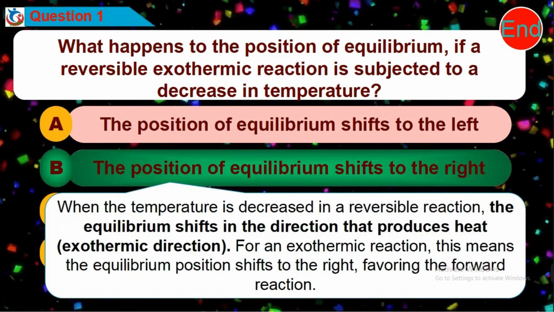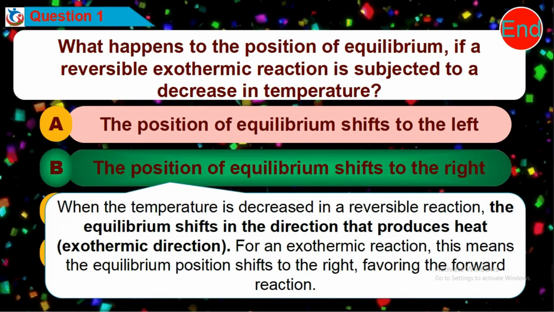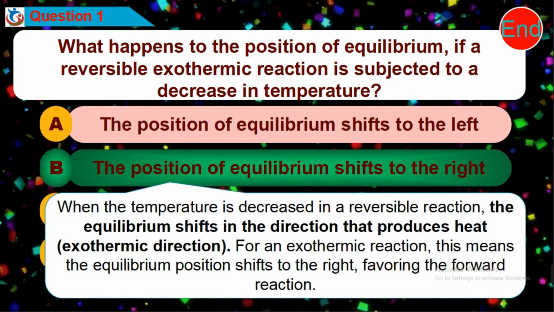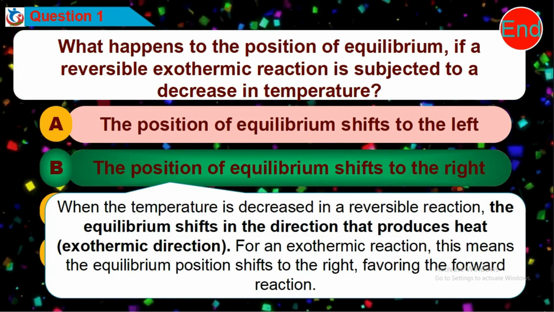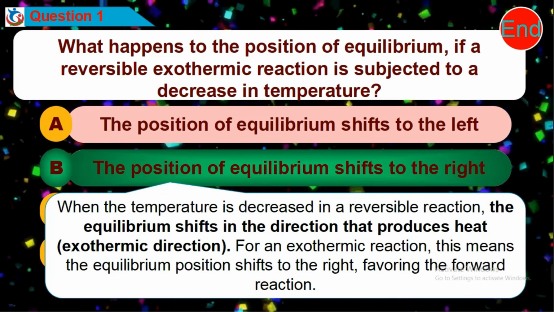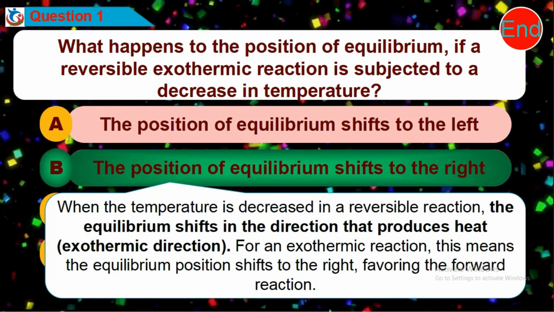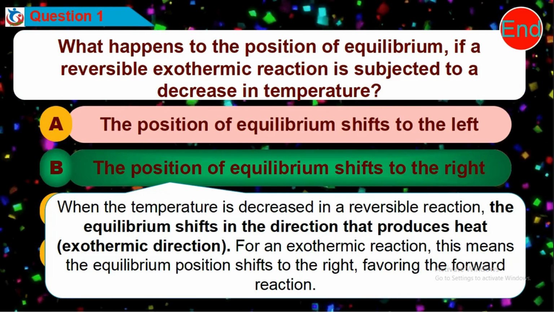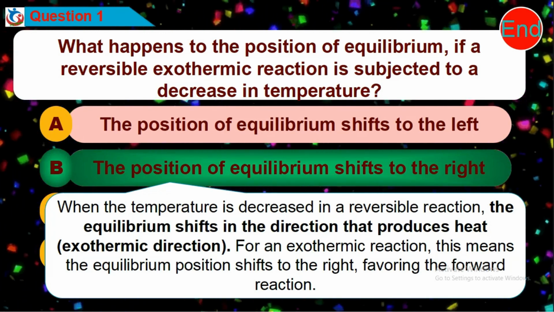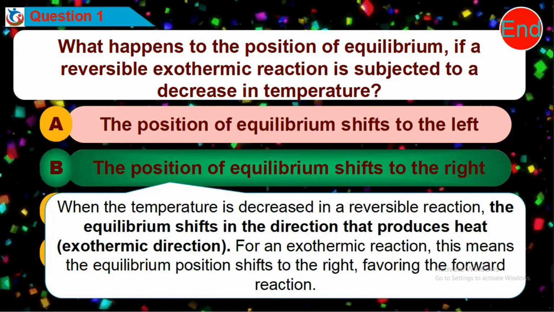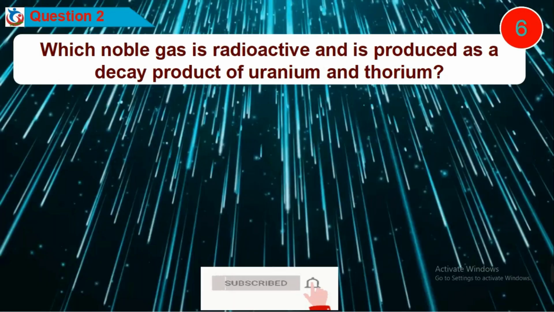When the temperature is decreased in a reversible reaction, the equilibrium shifts in the direction that produces heat, and that is the exothermic direction. For an exothermic reaction, this means the equilibrium position shifts to the right, favoring the forward reaction.